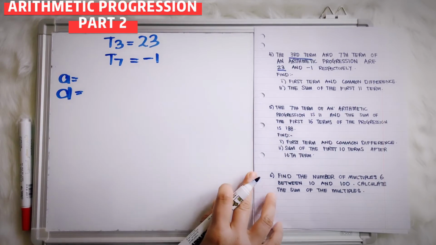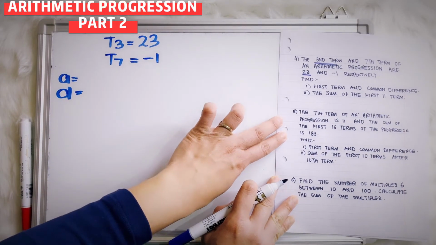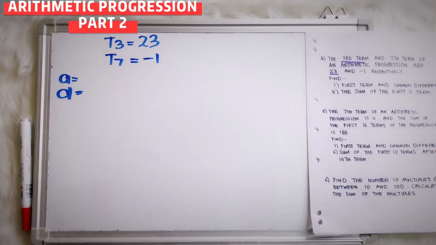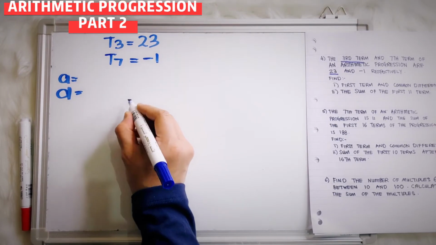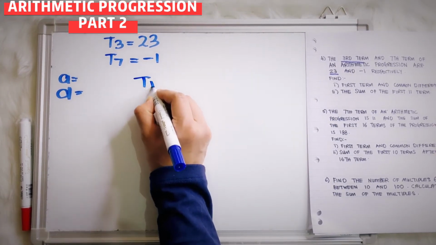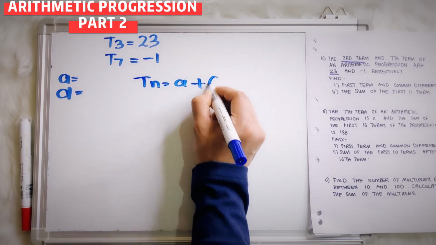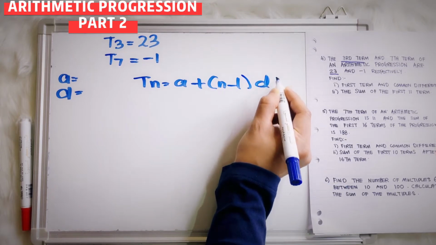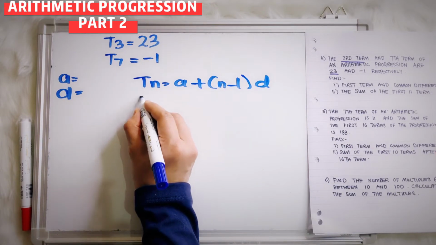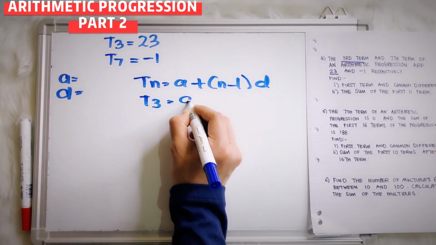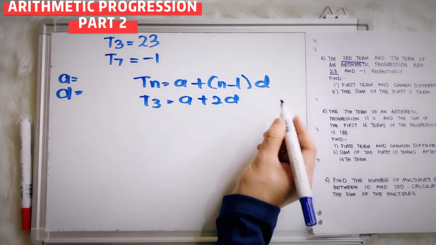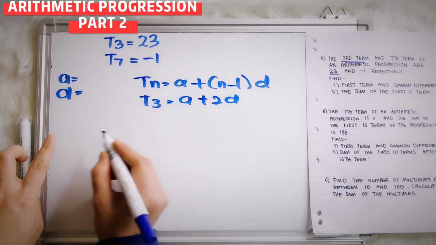Alright, now we put this side. Remember the term formula, Tn equals A plus (n minus 1) times D. So for T3, T3 equals A plus (3 minus 1), we have 2D.